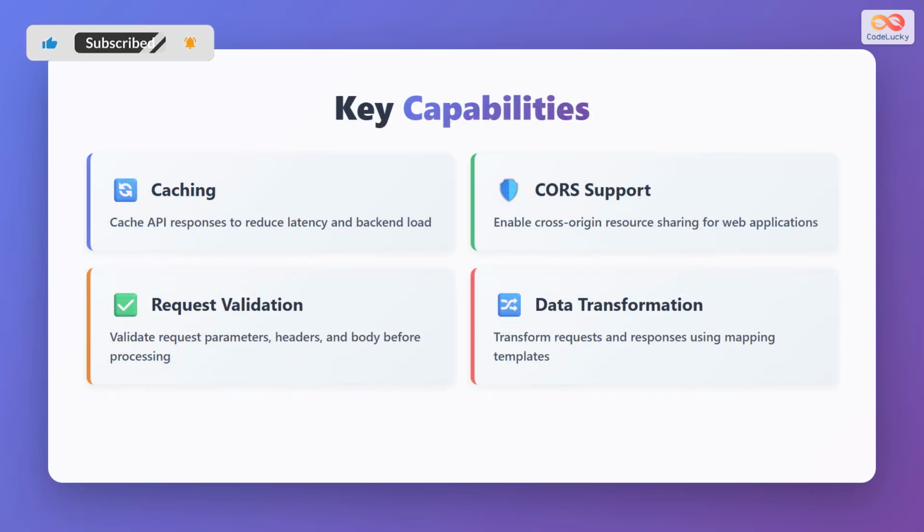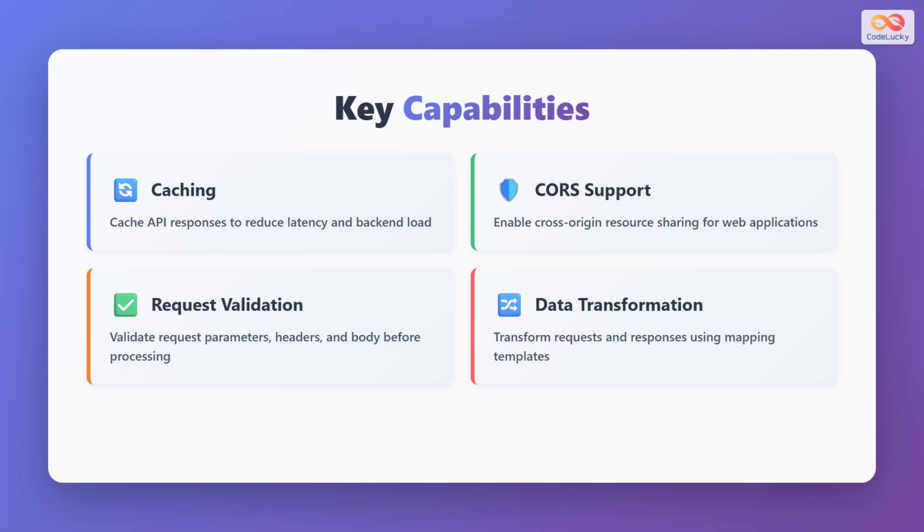API Gateway offers several key capabilities that enhance performance and functionality. Caching allows you to cache API responses, significantly reducing latency and decreasing load on your backend systems. CORS support enables cross-origin resource sharing, which is essential for web applications that need to make requests from different domains.